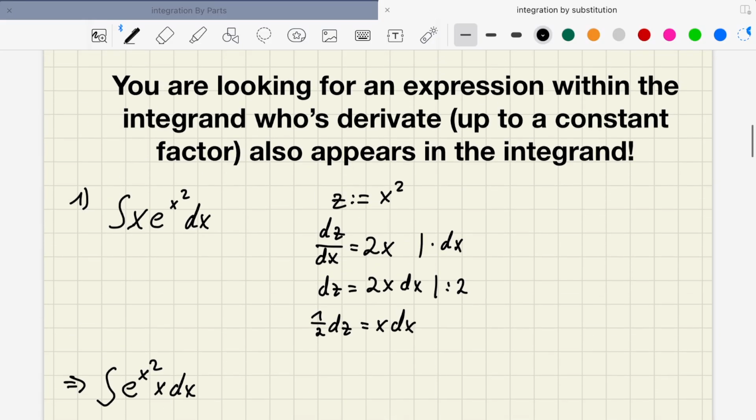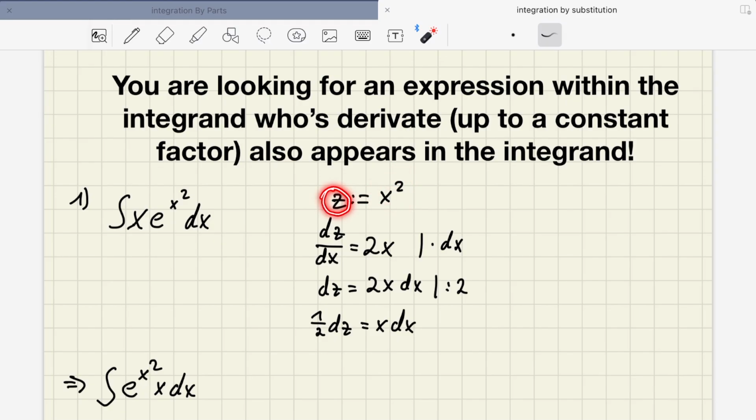Okay, once again, I'll explain it one more time. You have a function. You have found an expression within the integrand whose derivative also appears in the integrand. So we found x squared. If you differentiate x squared, you get 2x, so x appears in the integrand. So we substitute x squared through z.